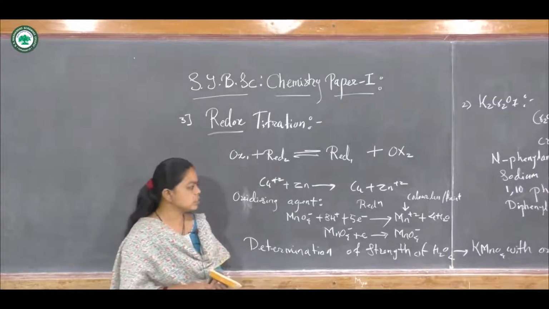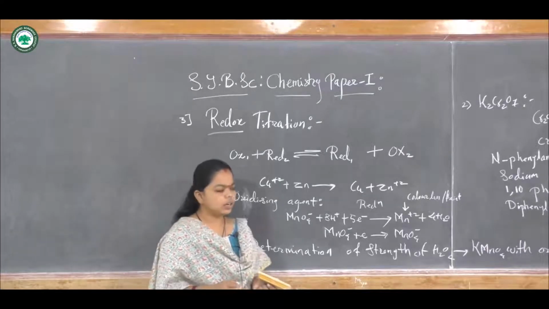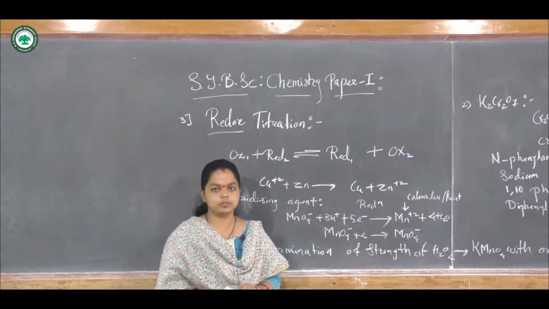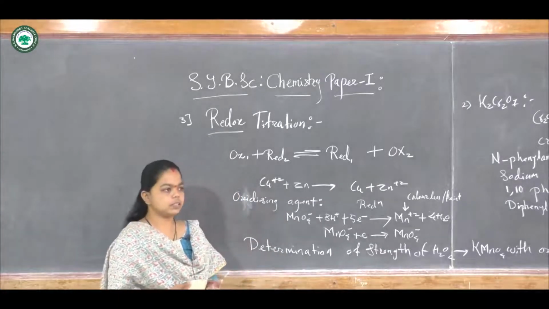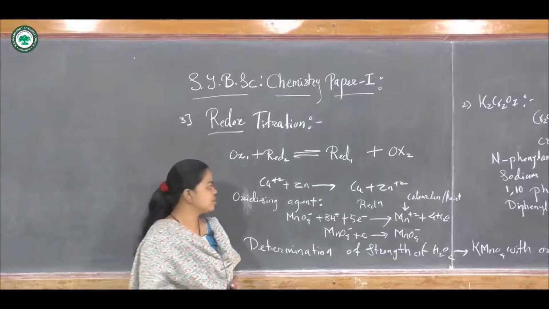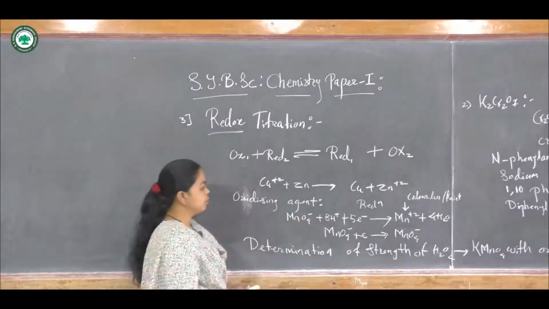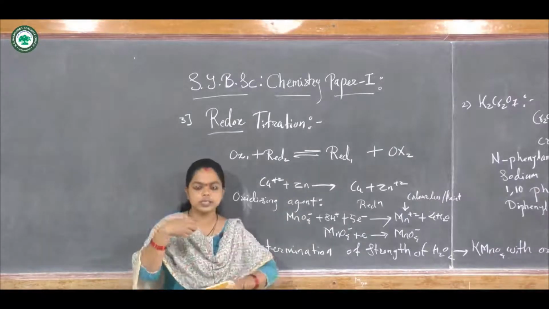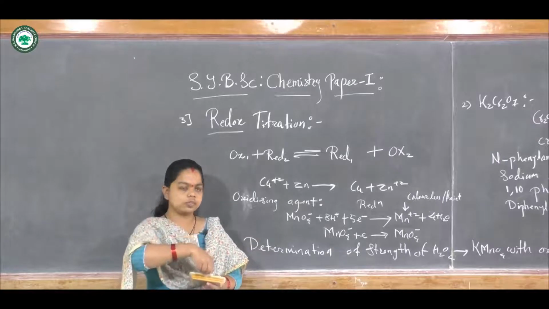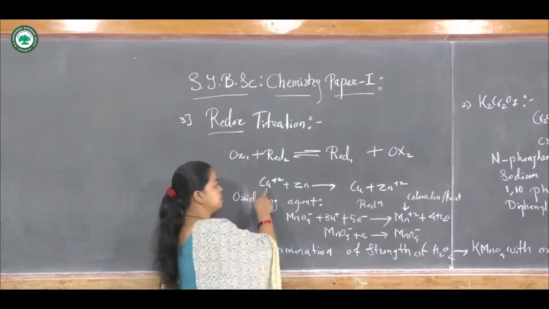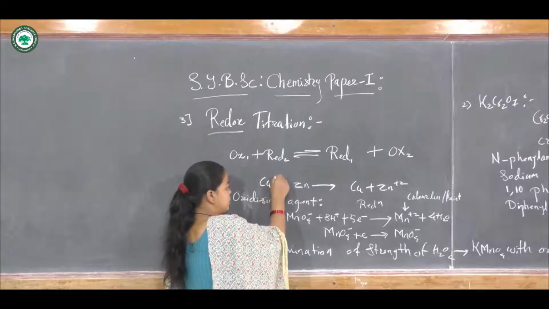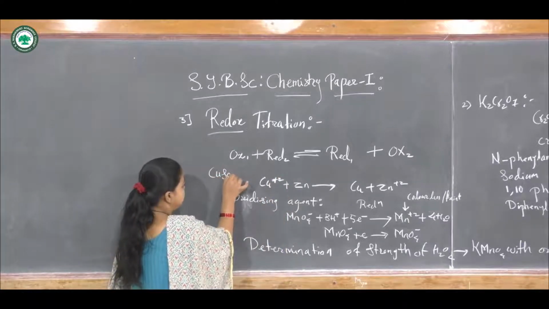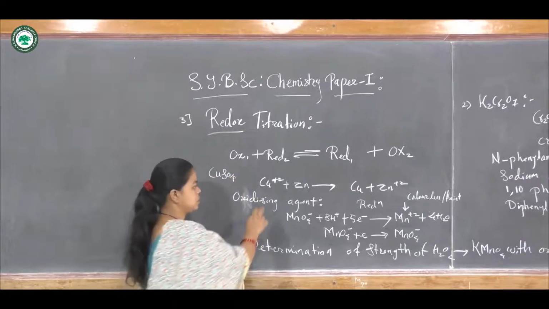Now first consider this type of reaction. If we take zinc metal in copper sulfate solution, zinc has zero oxidation state because it is present in metallic form. Here we can see this cell reaction. If a rod of zinc metal is taken in the copper sulfate solution, the copper ions present in the solution have the +2 oxidation state.